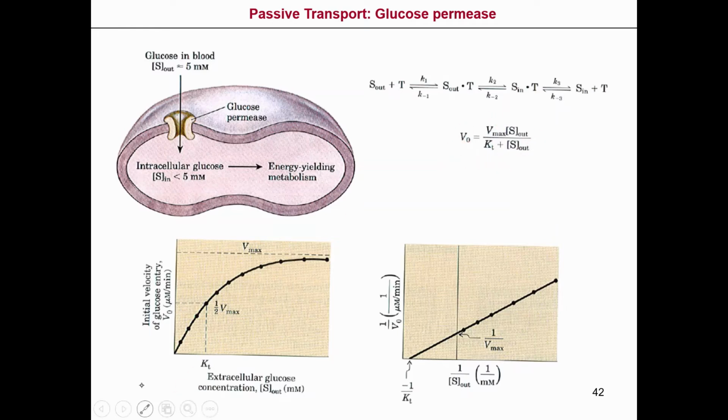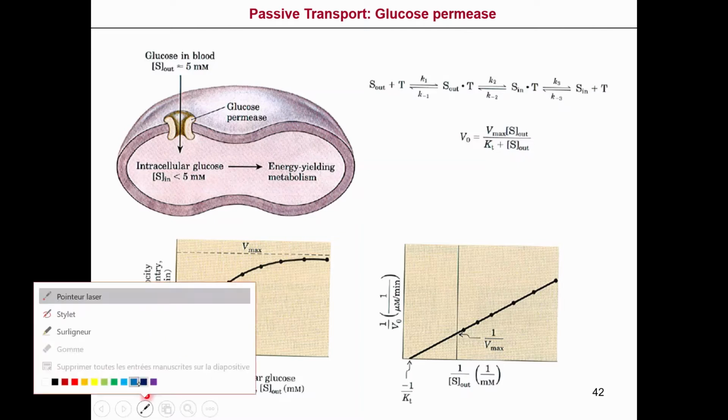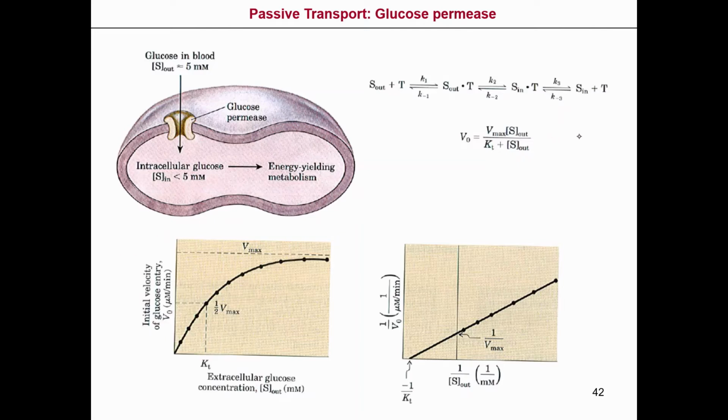So again, the Michaelis-Menten equation, you know that. So we can obtain from this plot the Vmax and the Tm. Okay, you're familiar with the Michaelis-Menten, I hope.